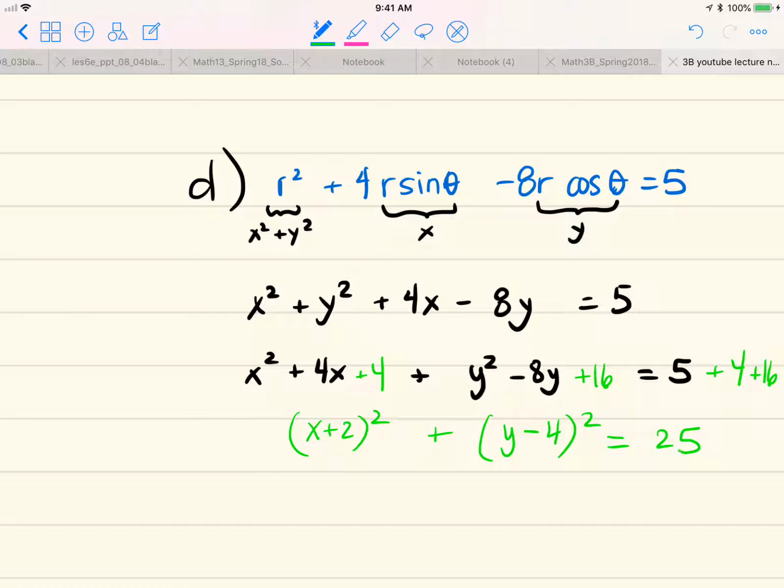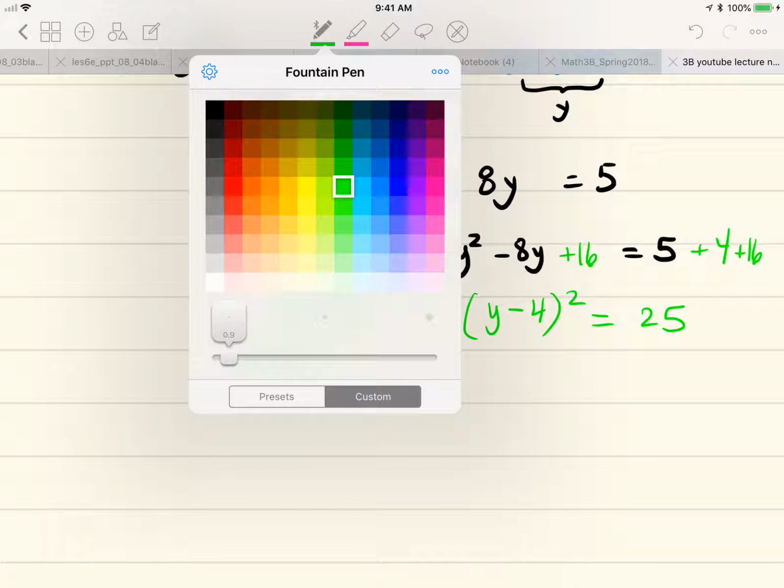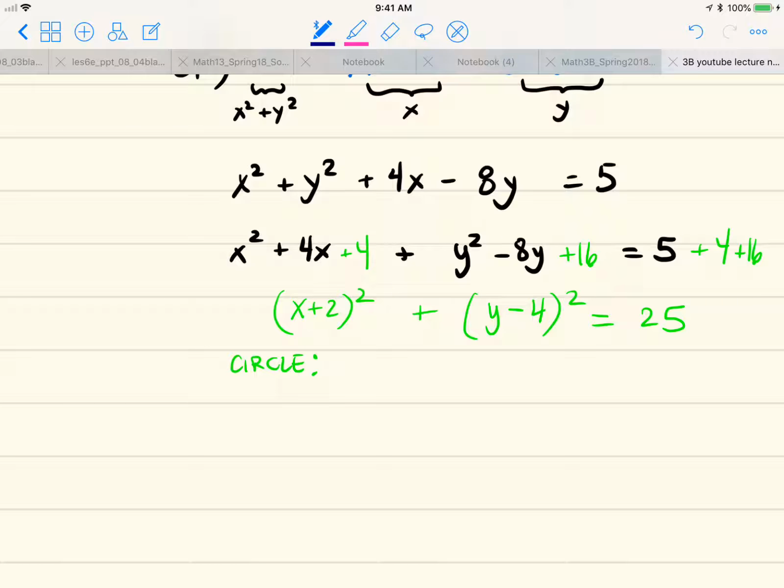Oh, okay, so we've got a cute little ellipse. No, is that an ellipse? No, that's a circle. Let me switch pens. This is difficult to see. So we've got a circle, and the center is negative 2 comma 4, and the radius is not 25. I'm just joking.